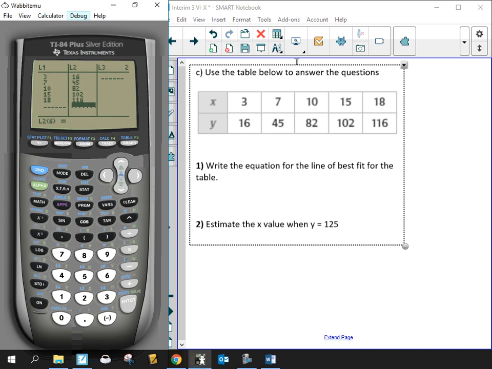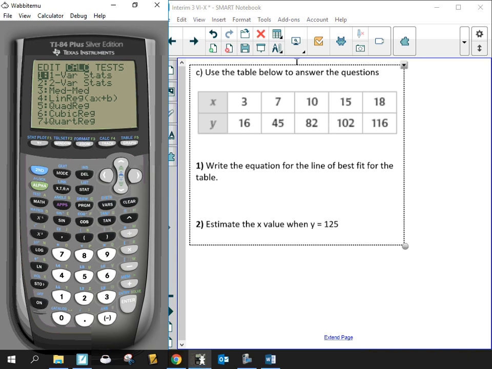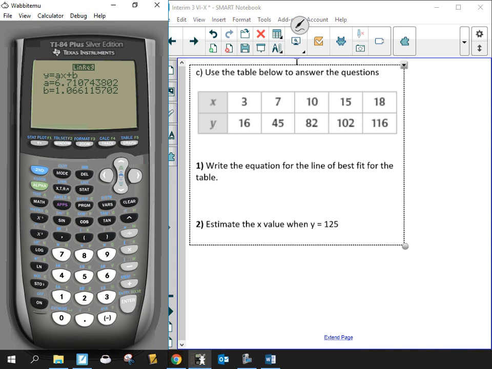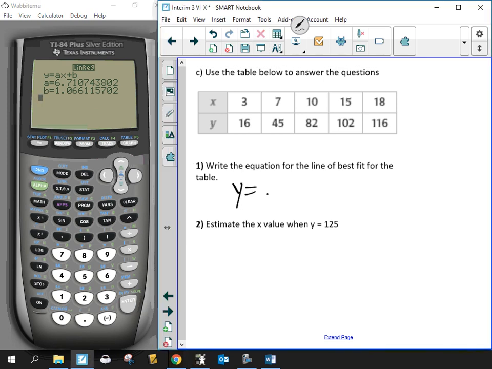So we'll just go stat calc, line of best fit, calculate, and I will get y equals 6.711x plus 1.066.